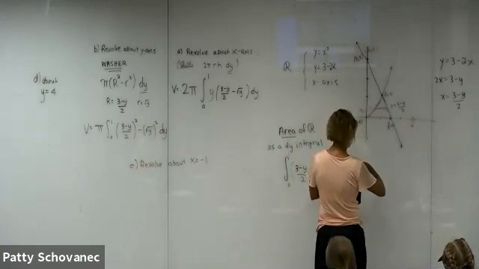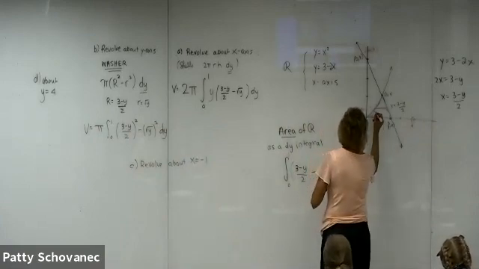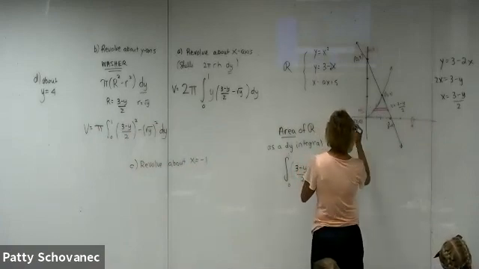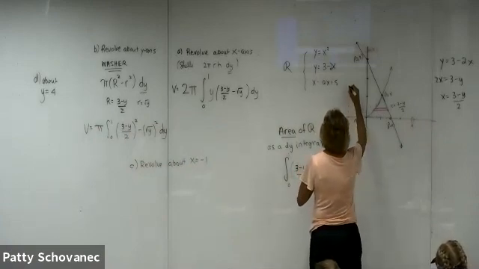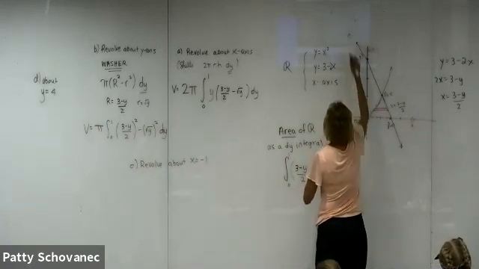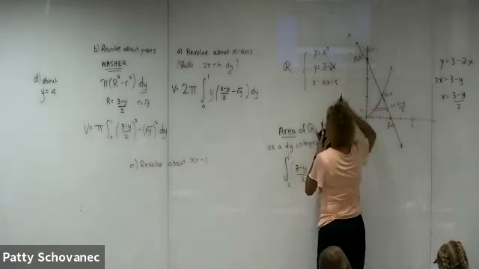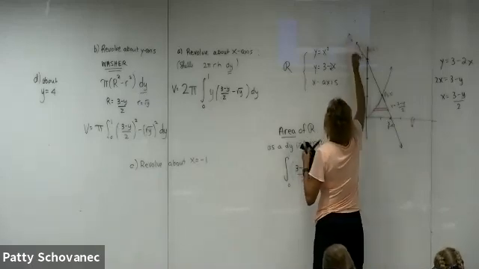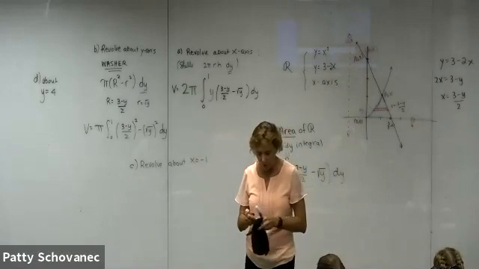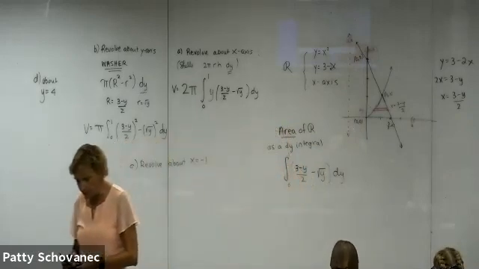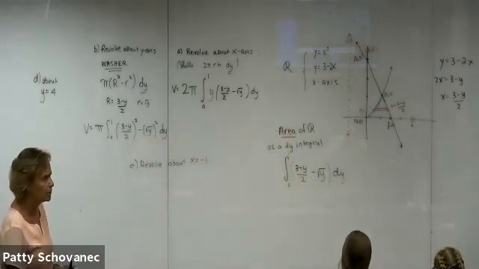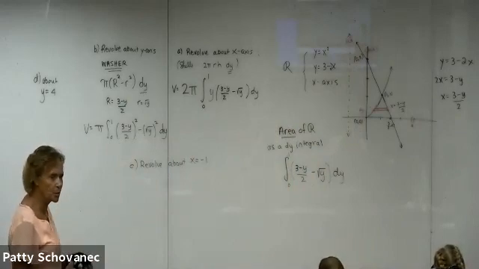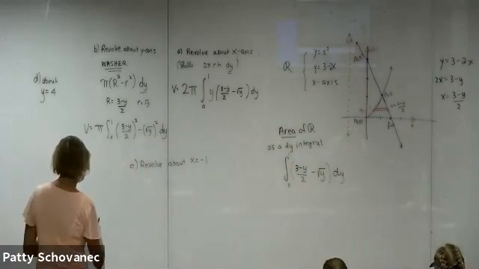Still going dy, but now we're going back to x is equal to -1. So is my little red rectangle parallel or perpendicular to the axis of revolution? Perpendicular means we're sticking with the washer plan, right? Big radius squared minus little radius squared.